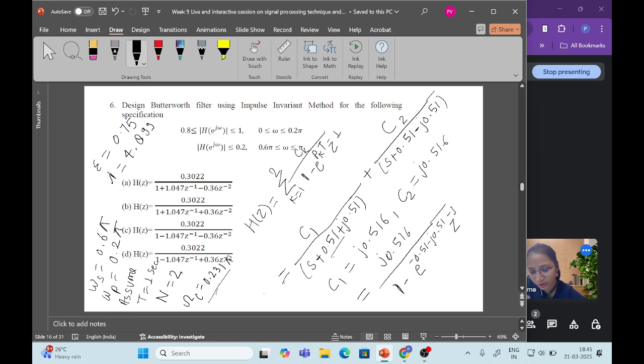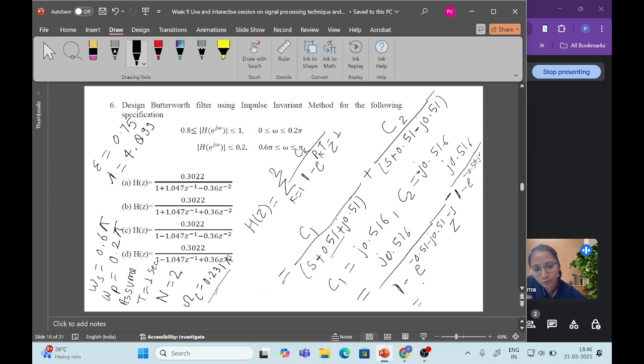Similarly for the other, you have minus J 0.516 divided by 1 minus e to the power minus 0.51 plus J 0.51, Z inverse. So calculate the value of e to the power minus 0.51 minus J 0.51 and put it there, and also calculate these values and then cross multiply it.